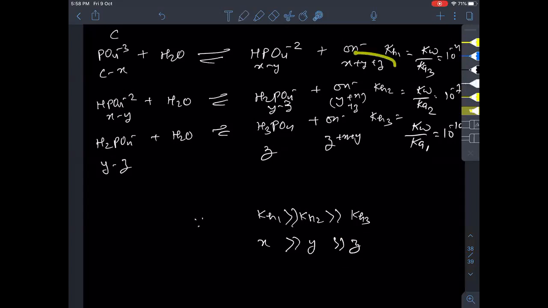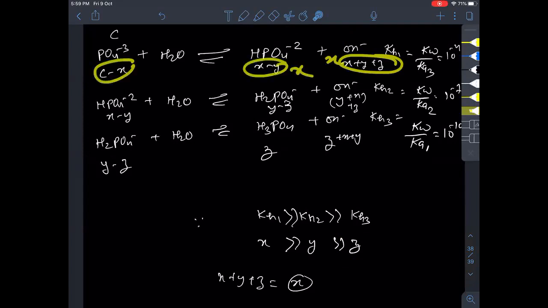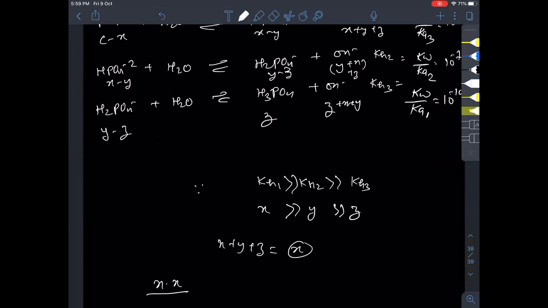Once again, you will see that the value of X plus Y plus Z will be equal to how much? X, from the very first step. Now, if you have to calculate OH ion, you can use the first equation, means the whole value is X. This value is C. Then again, you will get X into X by using first C is equal to KH1, which is simply Kw by Ka3.